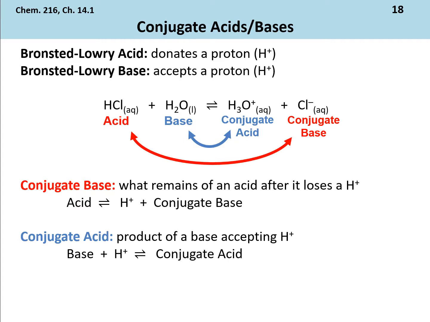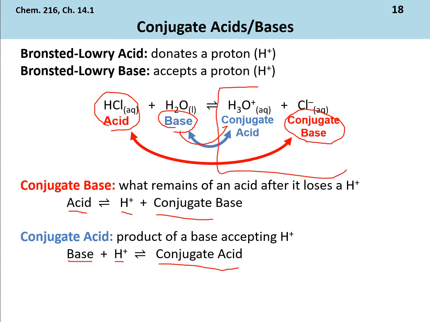So an acid, like HCl, is going to lose an H+ to become a conjugate base. Bases, such as H2O, gain an H+ to become conjugate acids. So acids become bases, bases become acids. We always call the conjugates the ones on the product side.